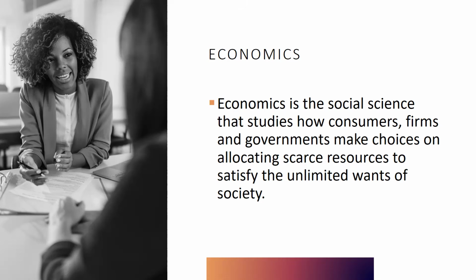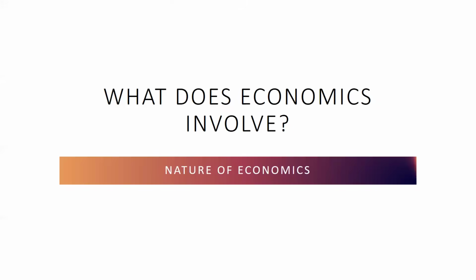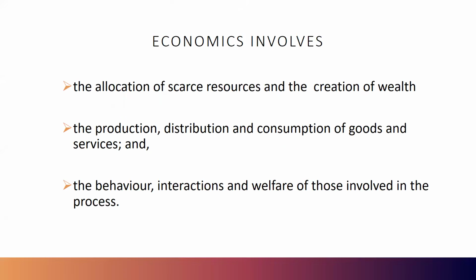Right? The economic problem known as scarcity. Economics looks at how we use our scarce resources to do many different things, to create wealth, to produce, distribute, and consume goods and services, and what affects the behavior of people during that process.